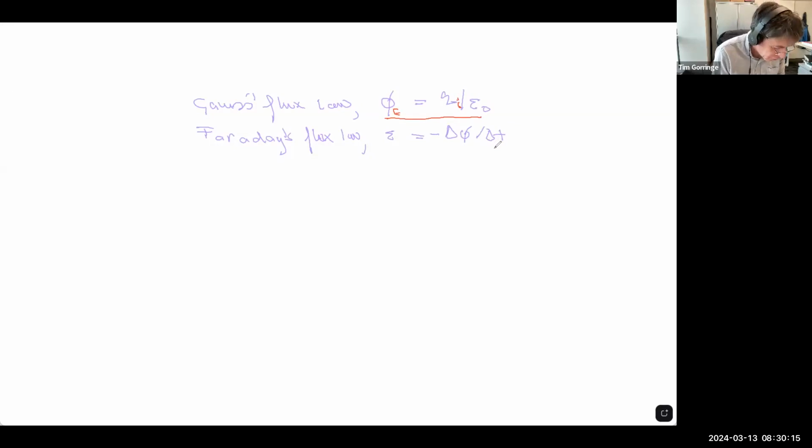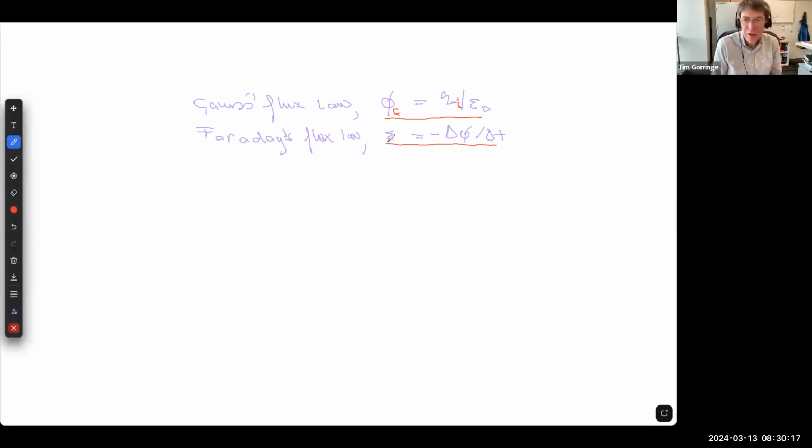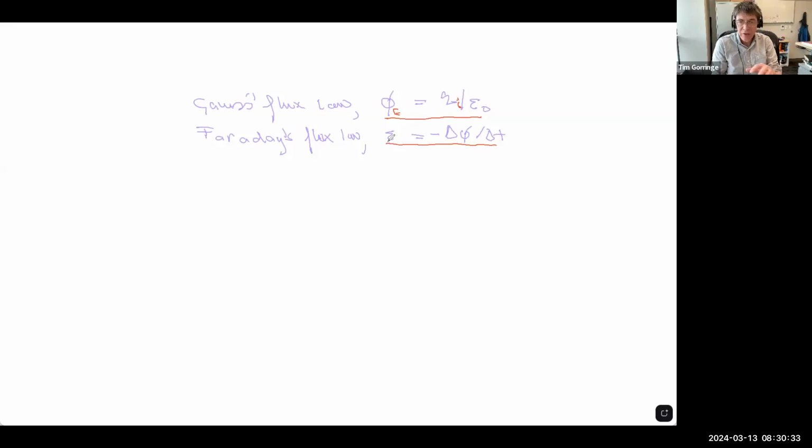In Faraday's flux law, written down here, we're asked to think about an open surface, not a closed surface. It's a surface that's defined by a loop of wire or an electrical circuit. It's the surface within the loop of wire or the electrical circuit. And Faraday's flux law says that the rate of change of flux through the surface determines the induced EMF that will push charges, push currents, around the bounding loop of wire, the bounding electrical circuit.